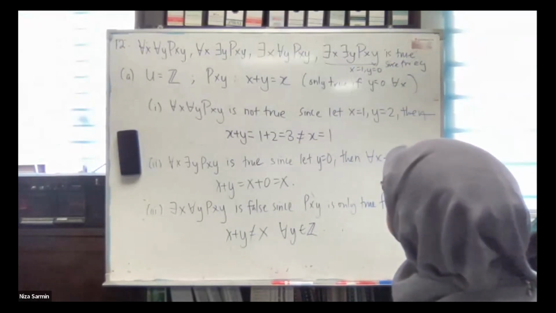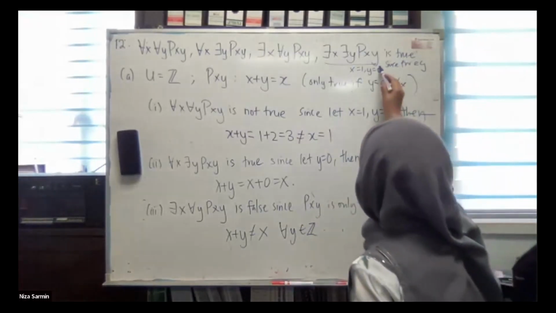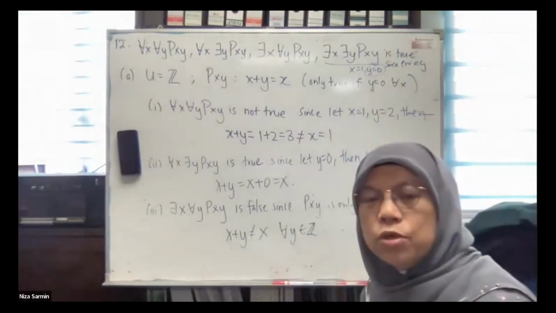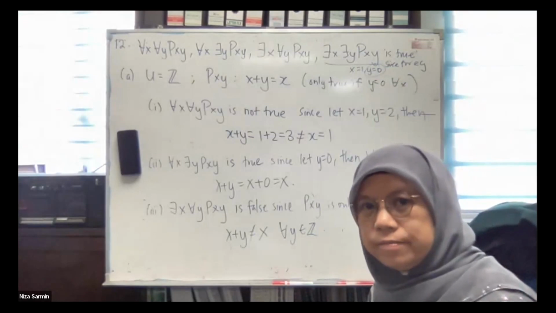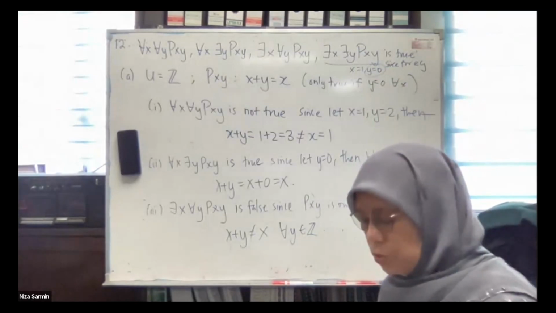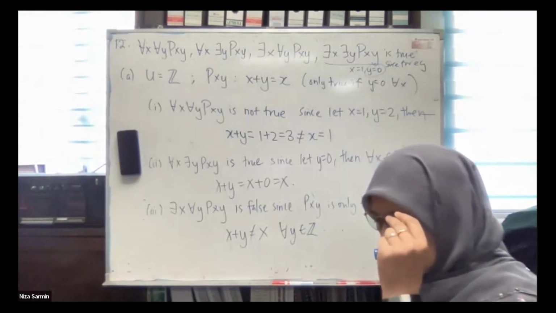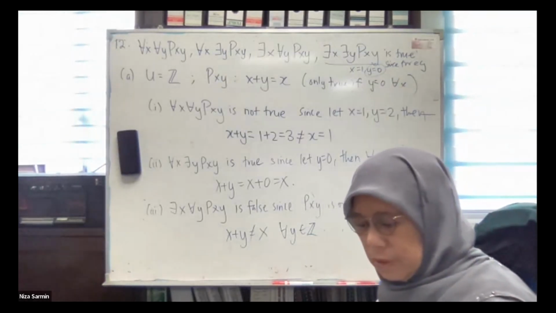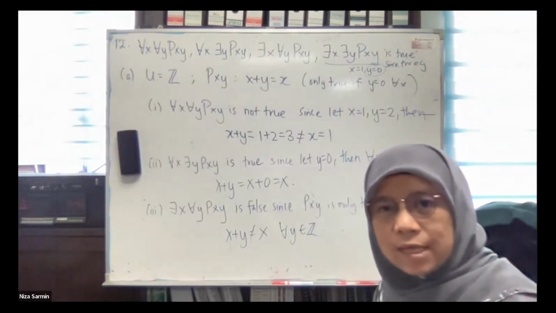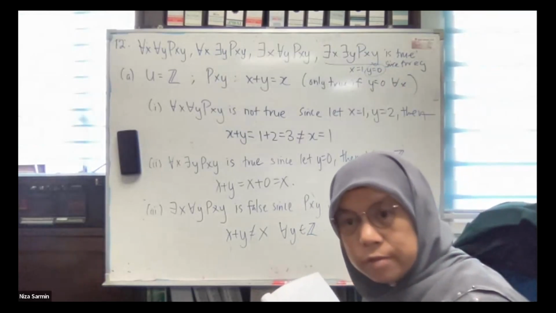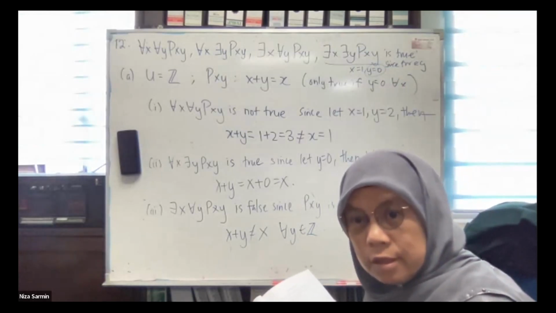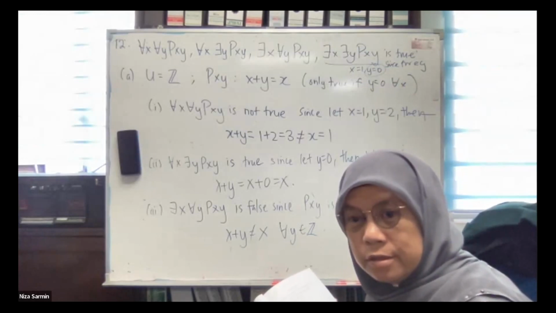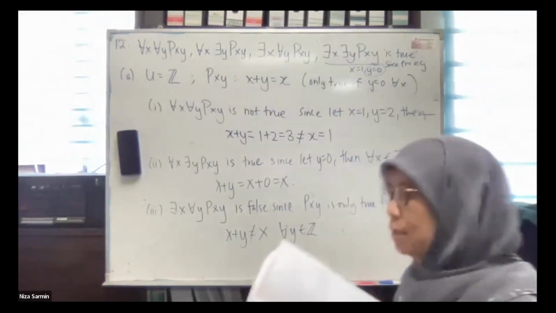Okay. So as long as y is 0, you can take x anything for the last one. This is the same for the second one. Is this okay? Which part that you don't understand, you can ask, yeah?